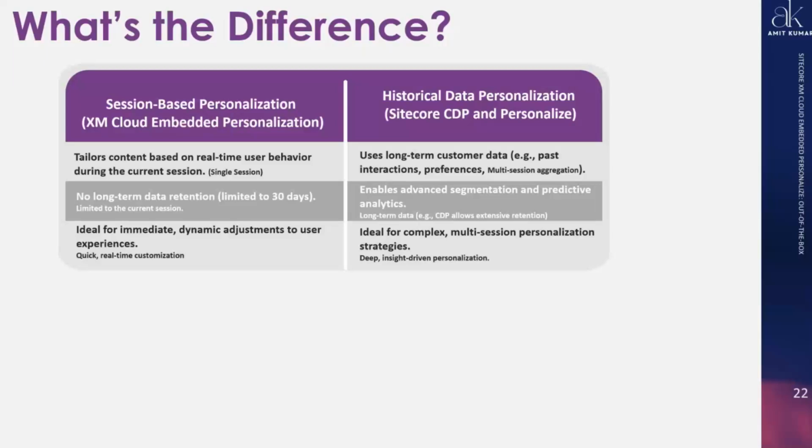But with embedded personalization you can't do that, because the data retention is only for 30 days. It is ideal just for immediate personalization, like the geolocation-based one I was showing you. If you need to implement that type of user journey, it's very easy to do. But if you have a complex use case like I was explaining, then you can't use this.